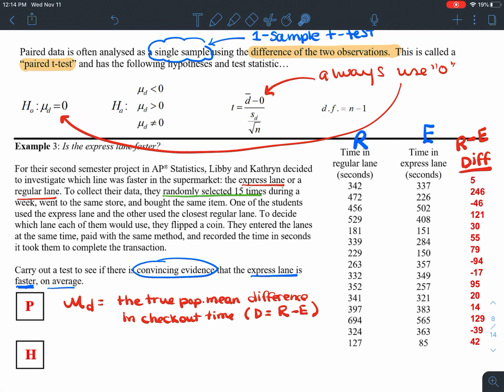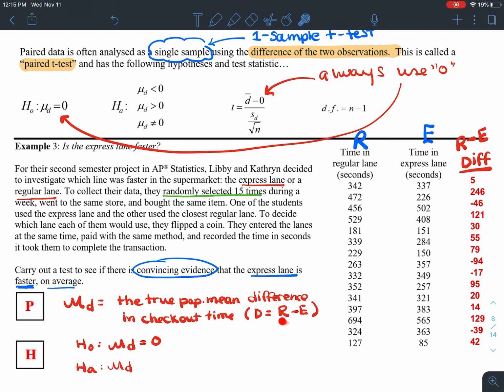All right, let's go ahead and draft our hypotheses here. The null hypothesis is going to be that there is no difference at all. Now we need to be careful with this. The alternative hypothesis: what we're trying to figure out is, is the express lane faster? If it is faster, then we expect these times to be smaller than these times.